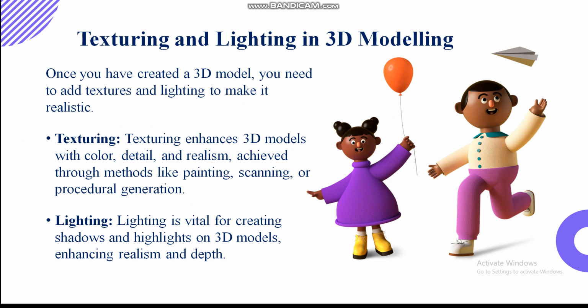Once you have created a 3D model, you need to add textures and lighting to make it realistic. Texturing enhances the 3D model with color, detail, and realism, achieved through methods like painting, scanning, or procedural generation. Lighting is vital for creating shadows and highlights on 3D models, enhancing realism and depth.